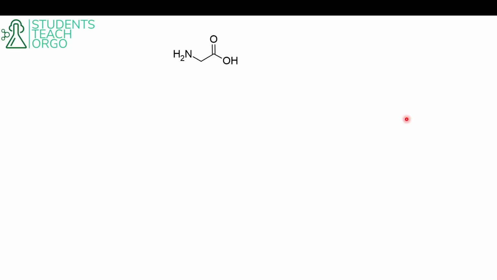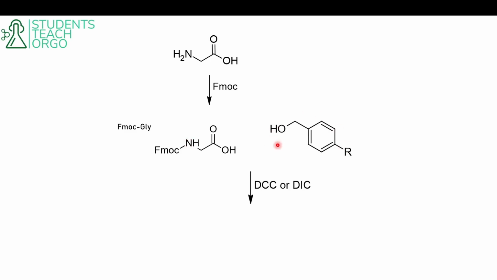Okay, so now let's look at a more concrete example of this, because all of that explanation was kind of ethereal. Again, we're starting with glycine here, and say we want to have glycine on our C terminus this time. We begin by reacting it with FMOC, and the FMOC will protect the amine nitrogen on glycine, and then we can react our glycine with our solid phase, right?